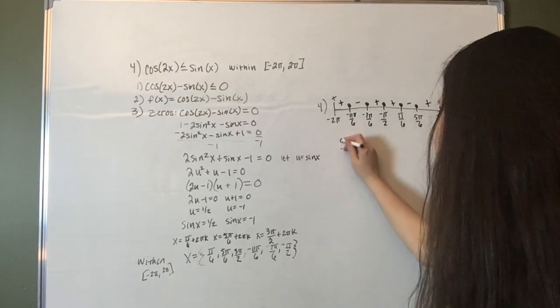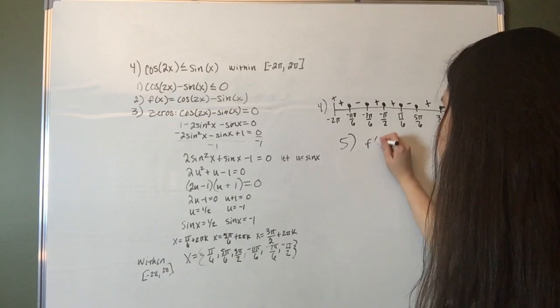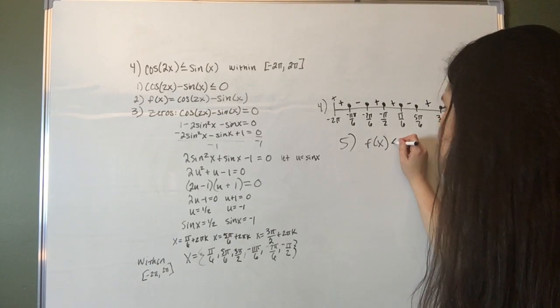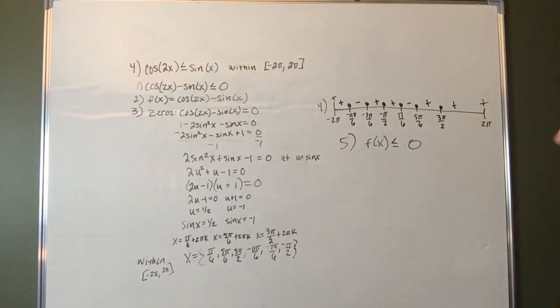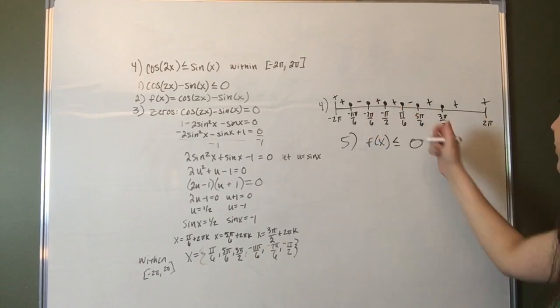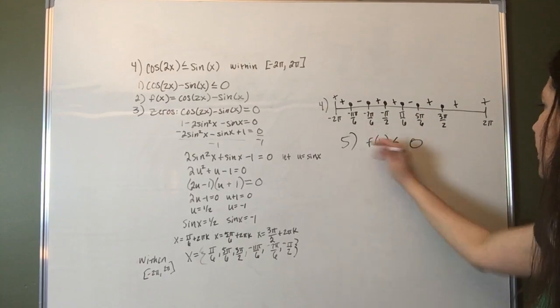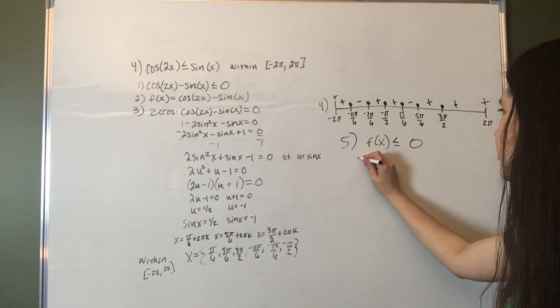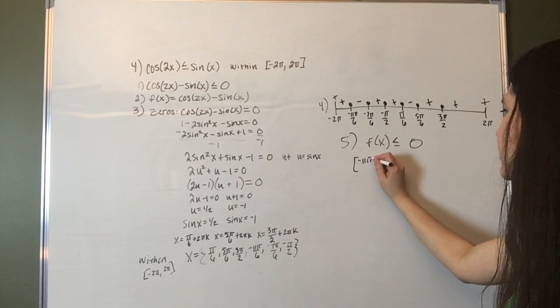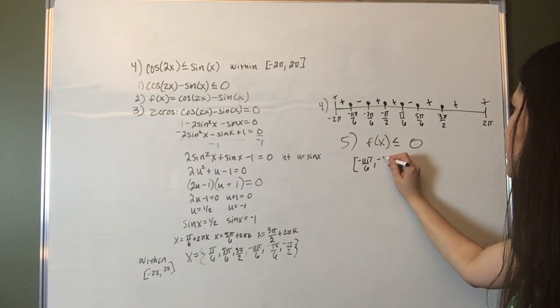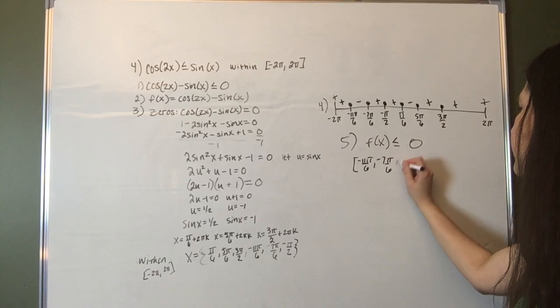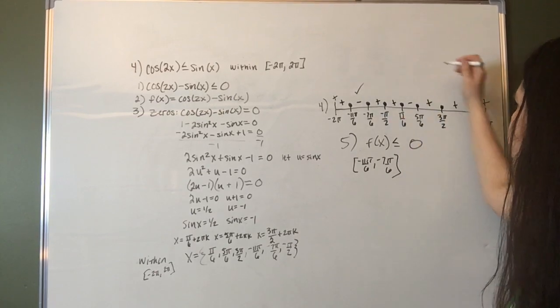Okay, final step. We're looking for where this function is less than or equal to 0. It's like the last example we did together. So we want to look for the negative intervals. We have an interval from negative 11 pi over 6 to negative 7 pi over 6. Right here.